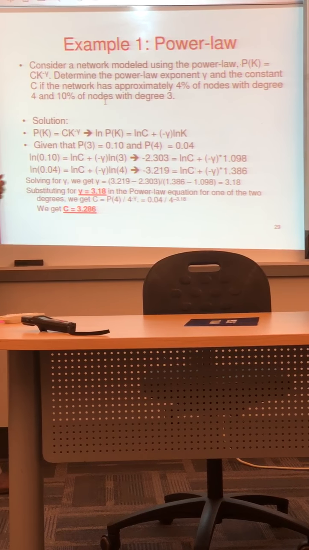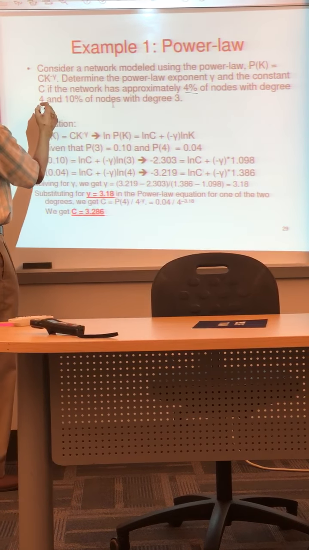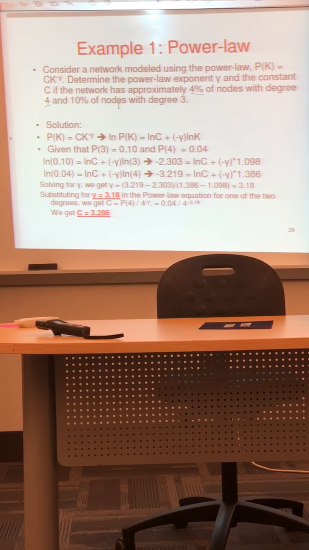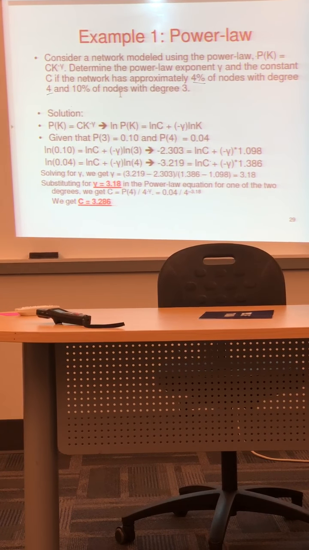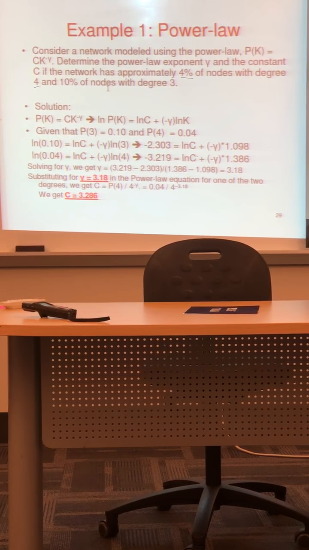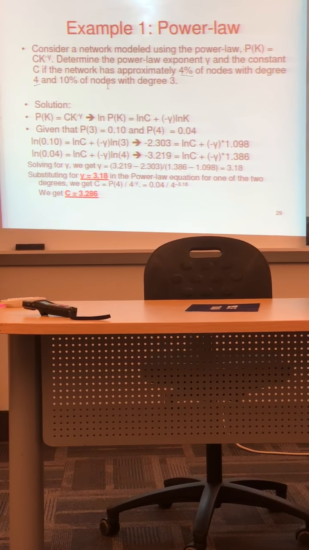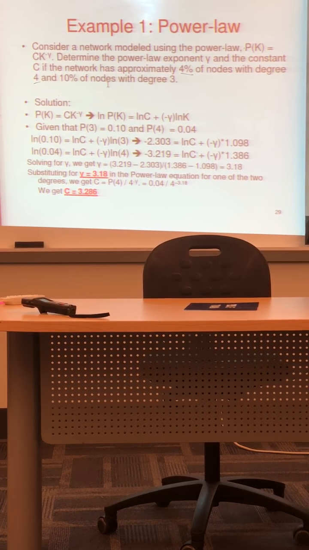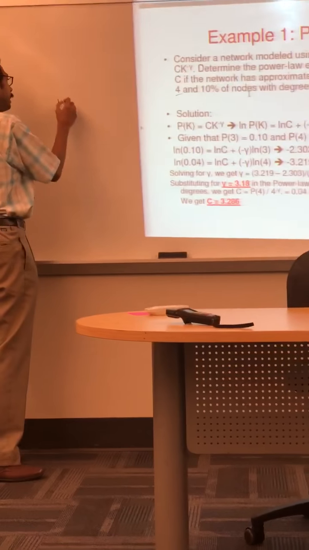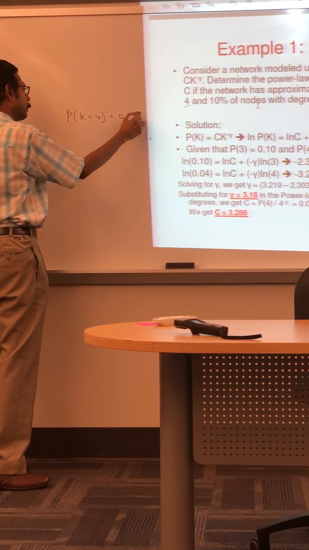Can anyone say what is given? What does 4% of the nodes with degree 4 mean? Among the nodes in the network, 4% of the nodes have degree 4. That is equivalent to saying the probability of finding a node with degree 4 is 0.04.